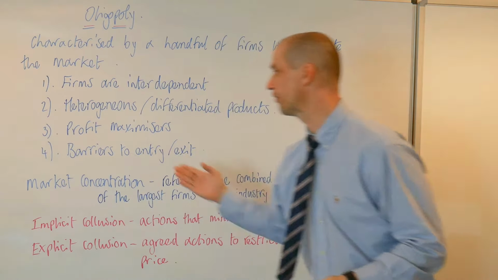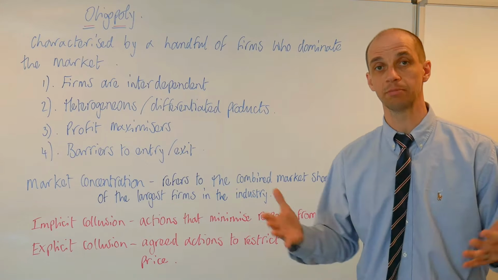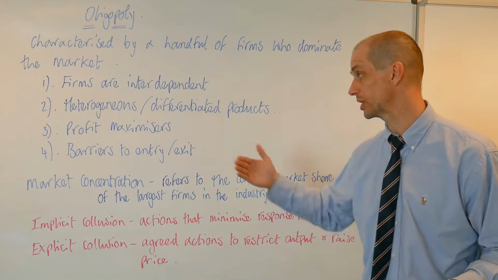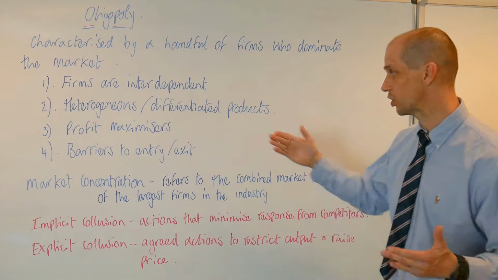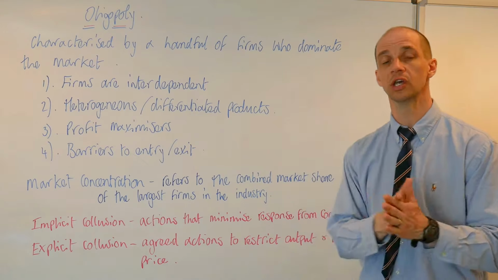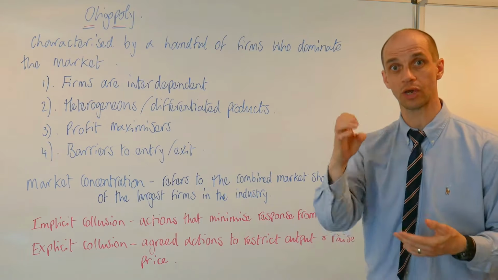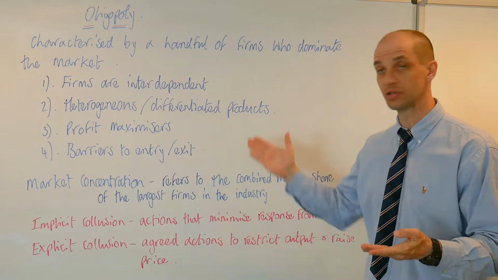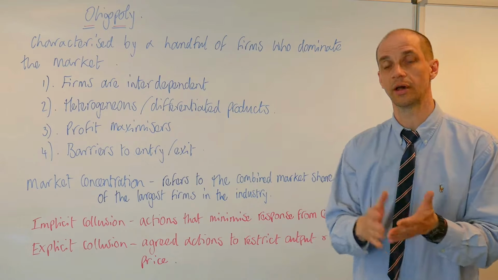And finally, we can also see that there are going to be big barriers to entry and potentially exit in trying to compete against these companies. A great example that I've looked at in previous years has been the People's Supermarket, which was set up in London to try and compete against the normal supermarkets that we consider.